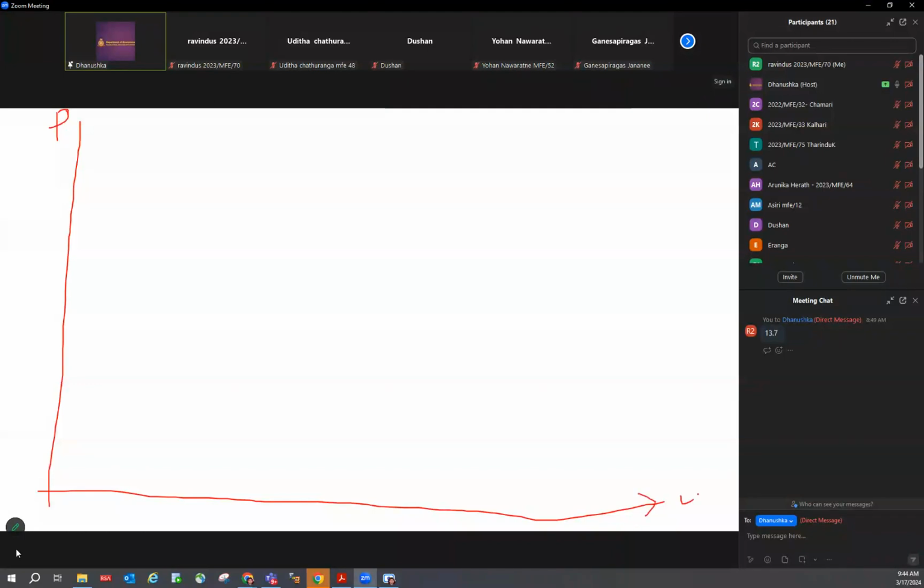Yields, that's interest rates. When interest rates are low, bond prices are high. And when interest rates are high, bond prices are low. And this is not a straight line, it is a curve.